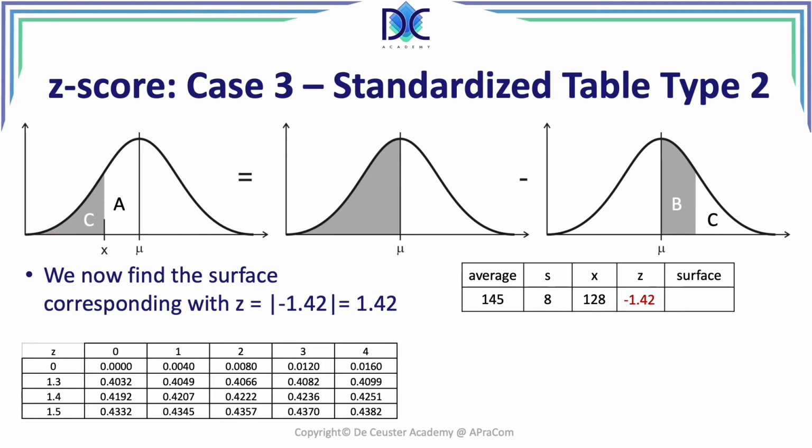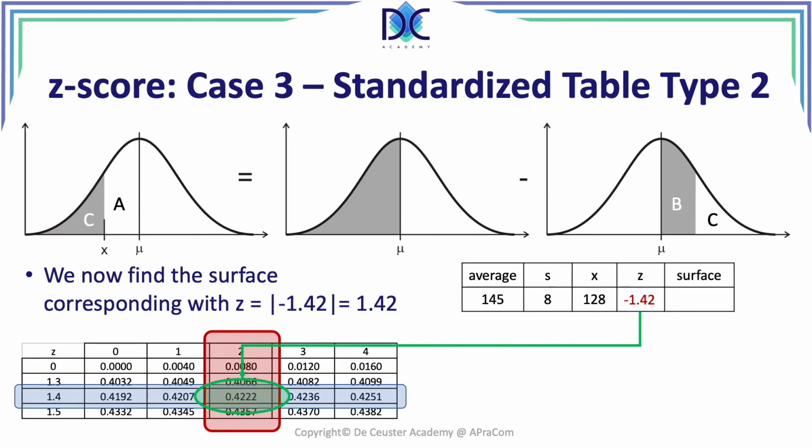The next thing we do, we are going now to the table. We take the 1.4 row, we take the column with 2, and we find the intersection, which gives us 0.422, which is 42.22%, which corresponds with the z value of 1.42.